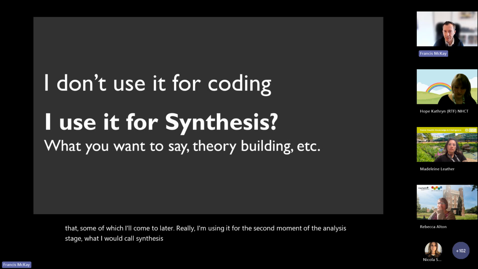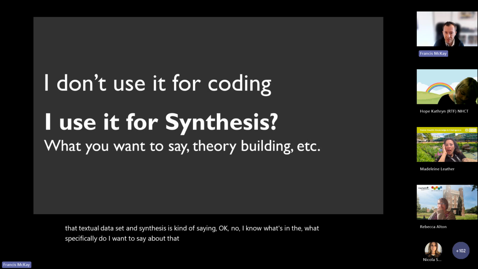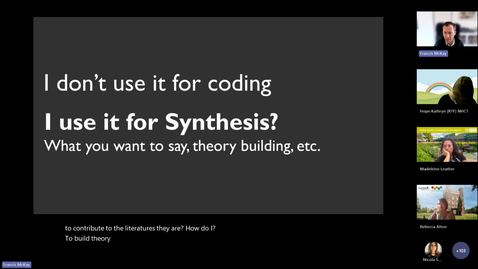So if analysis is trying to figure out what's in that textual data set, synthesis is kind of saying, okay, now I know what's in there. What specifically do I want to say about that thing? There's lots of different things in it. How do I want to contribute to the literature, say, or how do I want to build theory? What do I specifically want to say about the data? How do I want to synthesize what's in there for myself?